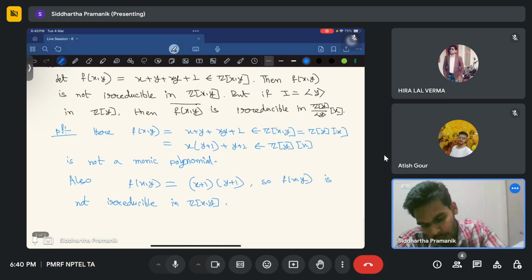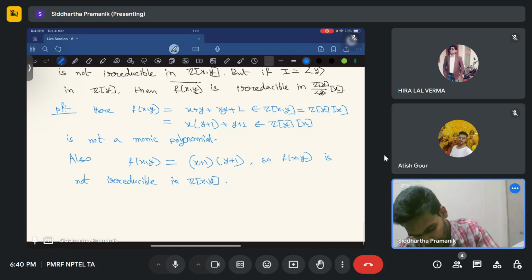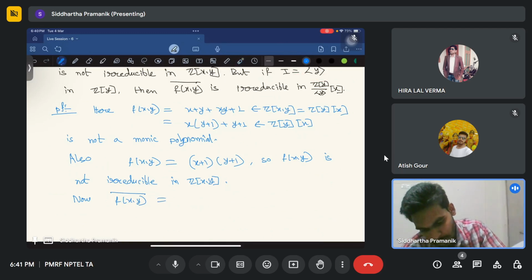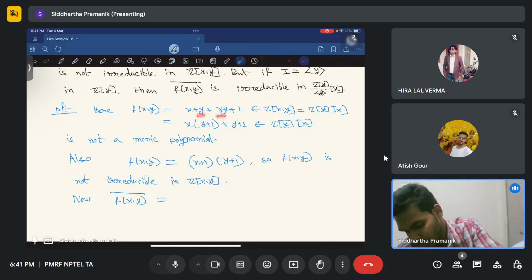Okay, so up to this part it is very simple. So the second part is, if we take the ideal generated by y and go modulo y, then the image of f(x, y) is irreducible in the quotient ring. So how to prove this? Now, what is f(x, y) bar? We are going modulo y, so just kill the elements which involve y. Here this term involves y and this term involves y, so this will be 0.